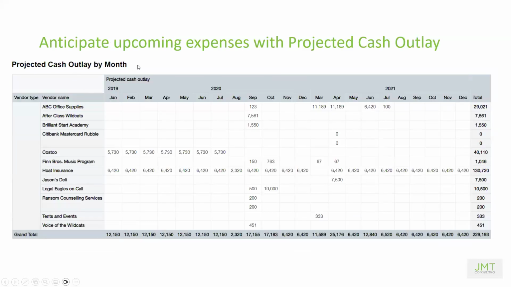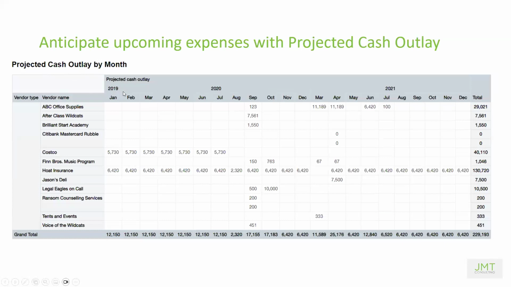There's also some other reports in there that might help you anticipate upcoming expenses with projected cash outlay. So in this case, Hode Insurance has a recurring bill. So it's showing you the bills that are set to recur so you can get ahead. I know we're in 2024 now, but we're using demo data in here, so it would show us from January 2019 into 2020.